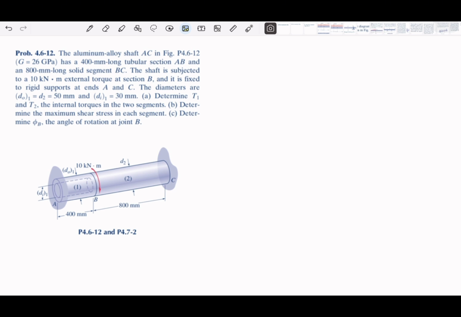So chapter 4 will be focused on the torsion, and if you look at the course that we have, I can tell you that the final exam will be focused on not only the introduction part in the torsion, but most likely I will focus more on the indeterminate structure.